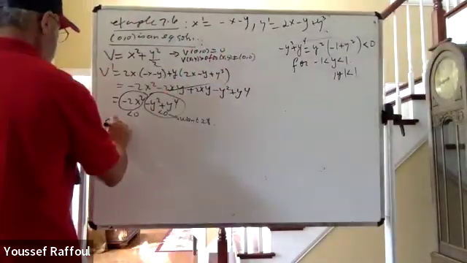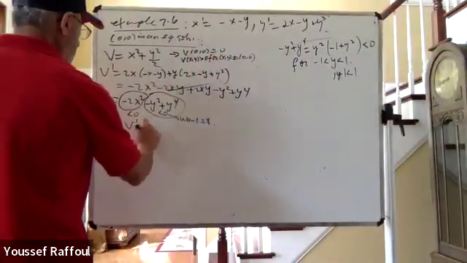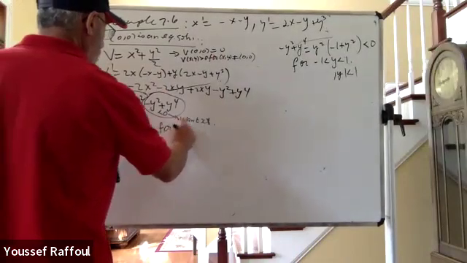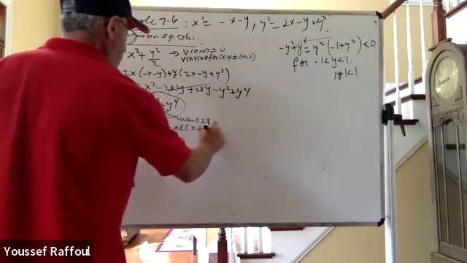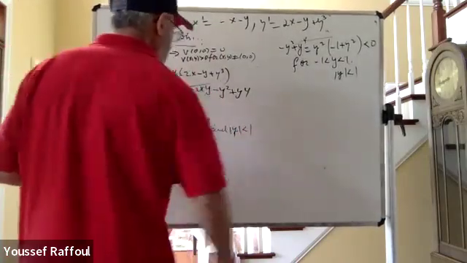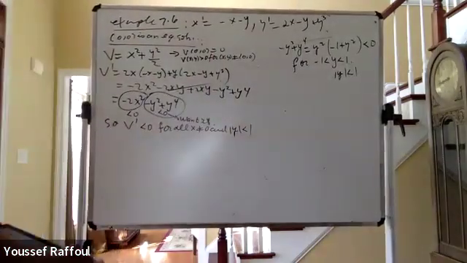So V prime is less than 0 for all x not 0 and |y| less than 1.